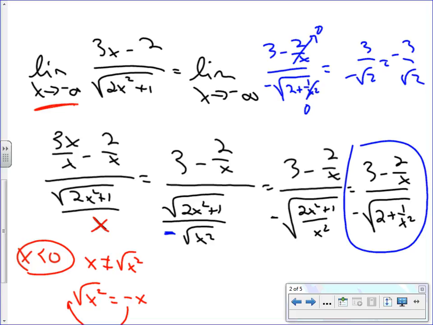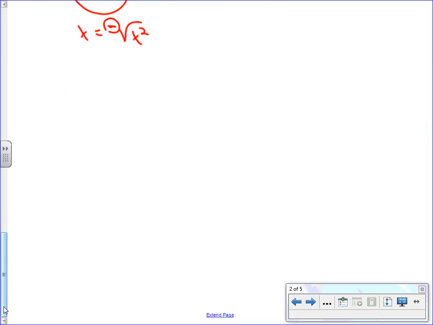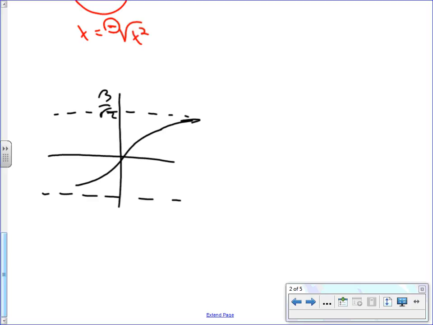If you were to take a look at this graph in your calculator, you would see that to the right, I don't have a picture of the whole graph in front of me, but to the right, this is 3 over the square root of 2. The graph is coming up here. I think it looks like this. I'm not 100% certain. And to the left, it's going to negative 3 over the square root of 2. So this is an example of a double passage.